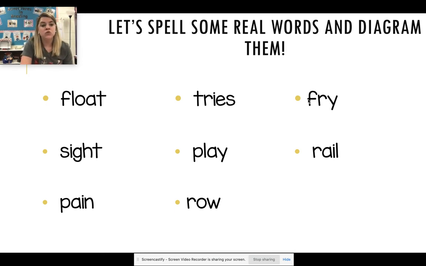Rail. Last word, cry. Cry. 1-syllable word, no other vowels. C-R-Y. Very good.